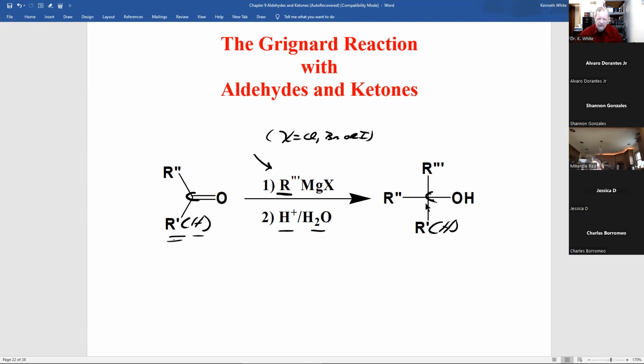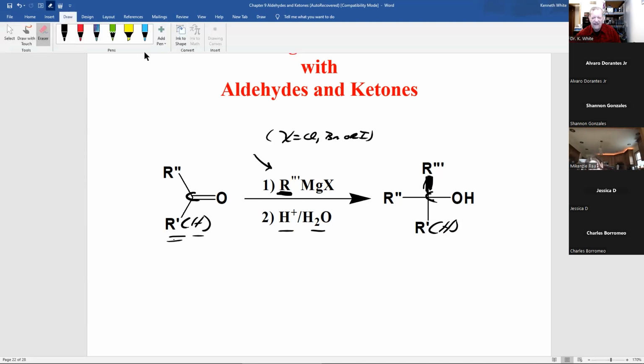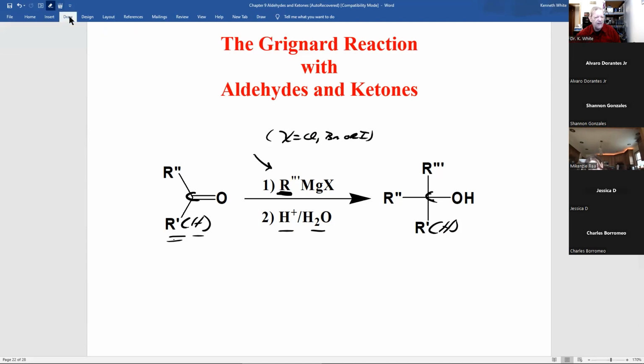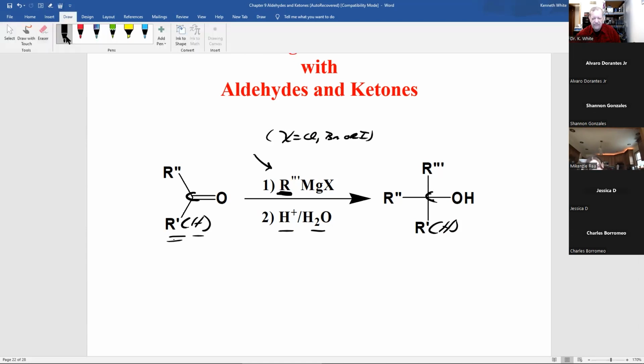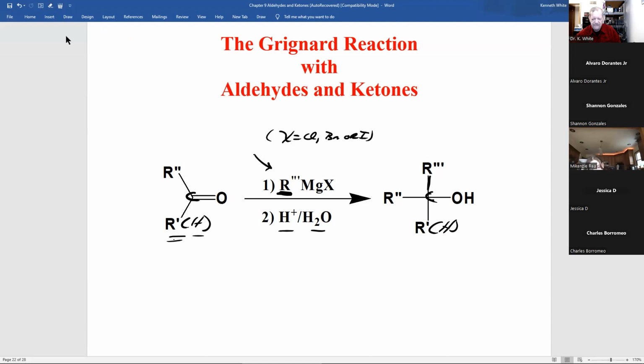But notice right here, with the Grignard, you do something very special, very rare in organic chemistry. You make a carbon-carbon single bond right here.